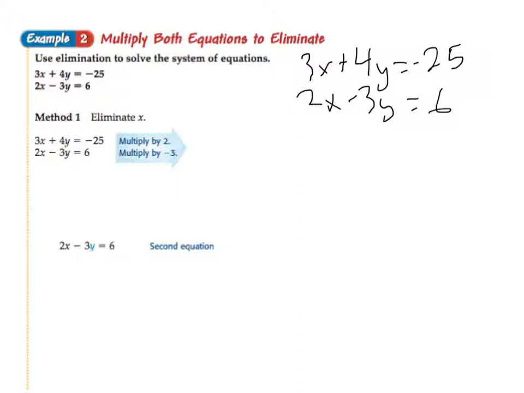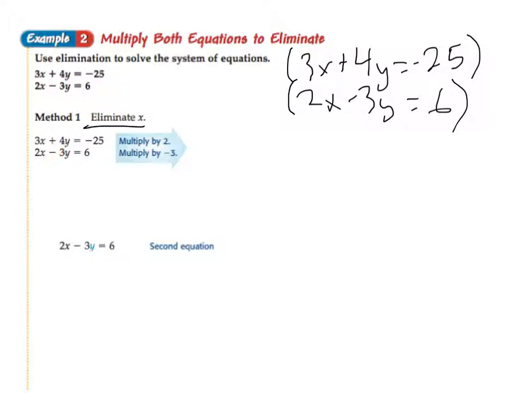And so we have to multiply, but now we notice we can't multiply x and y by one number to get these to be the same. So we have to actually multiply both the top equation and the bottom equation by a number. Well, let's see what's easiest for us to work with, right? It says eliminate x here, so let's try to eliminate the x.